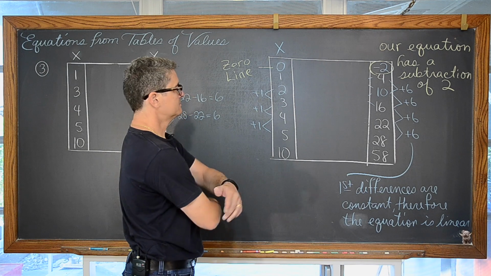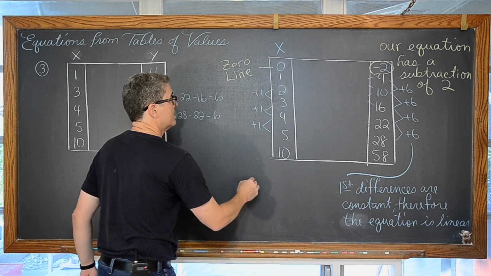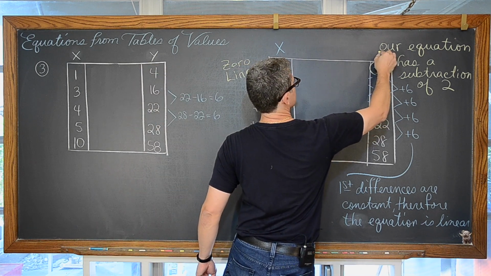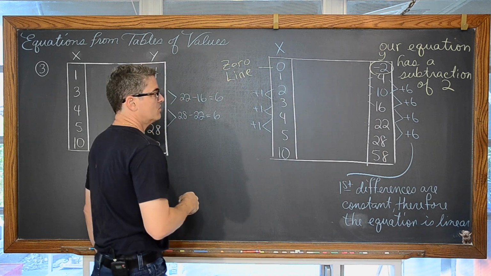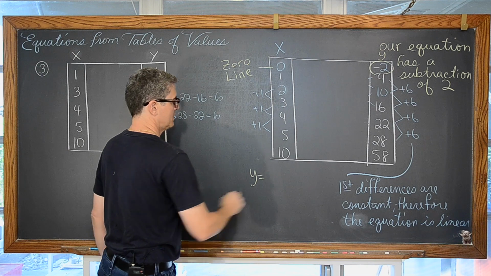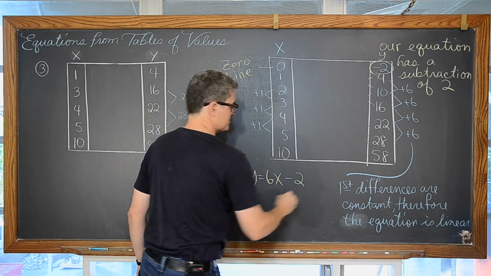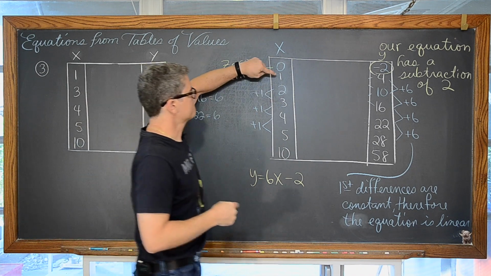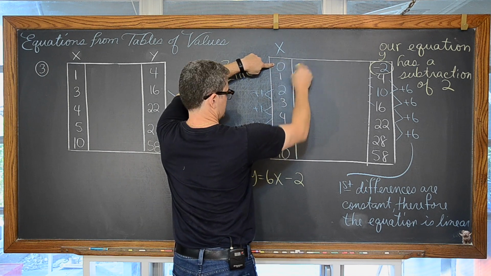If we give this a shot, how about we say that if this is x and this is y, that we have y is equal to 6x minus 2. Let's see if that works. We've got 0, like right here.